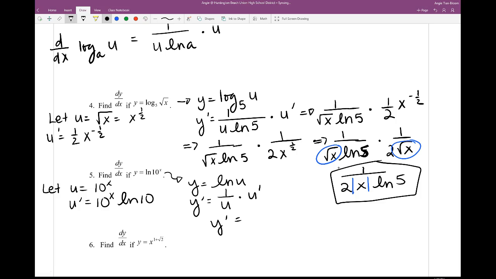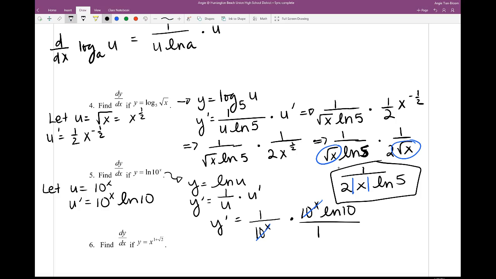Let's substitute in what u is. So it's 1 over 10 to the x times u prime, which is 10 to the x times natural log of 10. And I'm just going to make this into a fraction, because I can cancel out my 10 to the x.